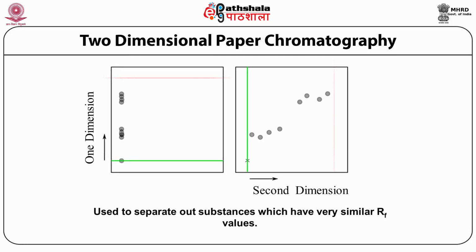Planar chromatography can also be used to separate compounds in two dimensions. The chromatographic run in the first dimension separates the components of the mixture that have distant RF values. The second dimensional run is usually accomplished with a solvent of different polarity to further separate the compounds which have very similar RF values.